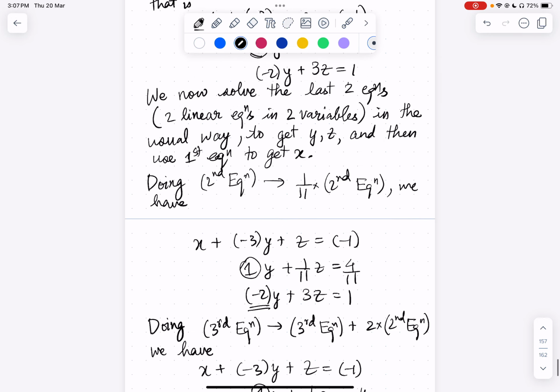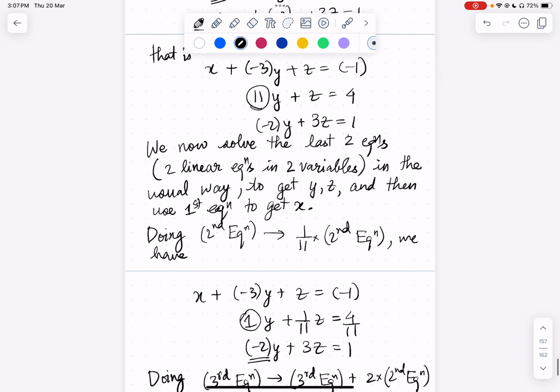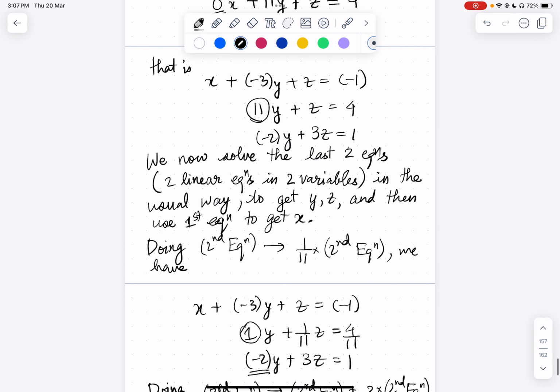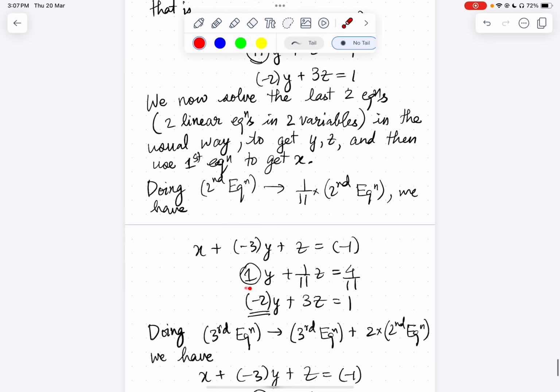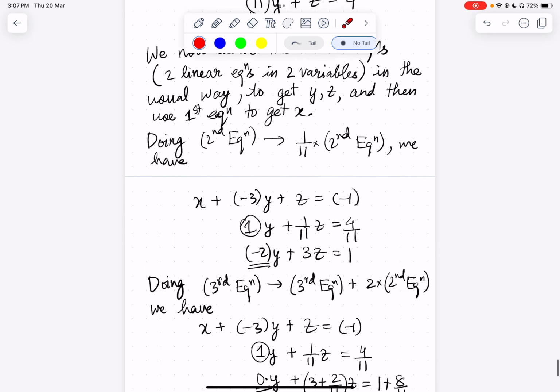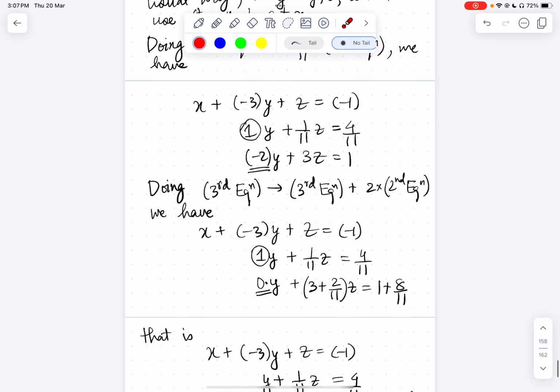For solving those, we got a 11y term in the second equation. This 11y term we changed to a 1y term by multiplying by 1 by 11. Then we used this 1y term to eliminate the minus 2y term from the third equation.